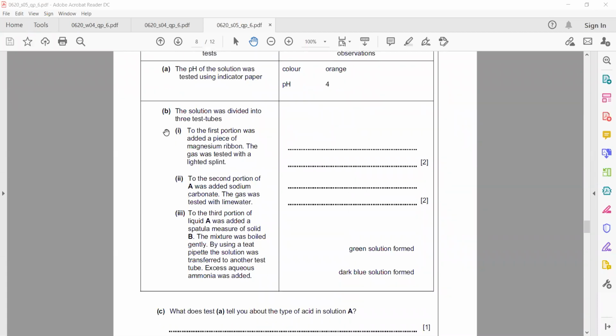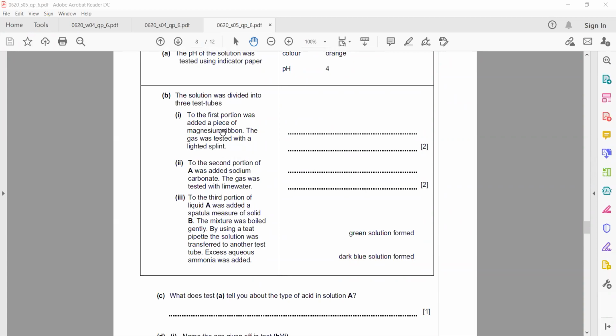Then the solution was divided into 3 test tubes. To the first portion was added a piece of magnesium. When acid reacts with metal magnesium, it will give salt and hydrogen. So the gas was tested with a lighted splint. So what we'll observe: fizz, bubbles, effervescence, and with the lighted splint, it will give a pop sound.